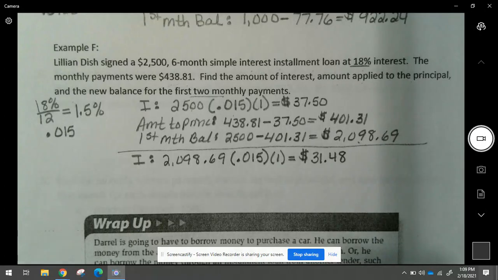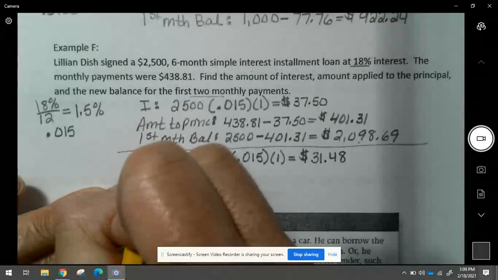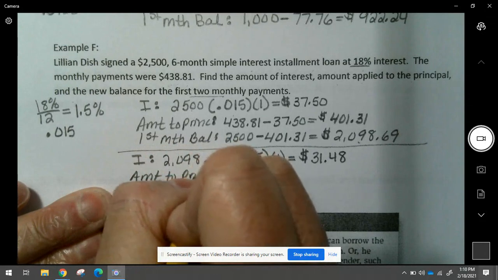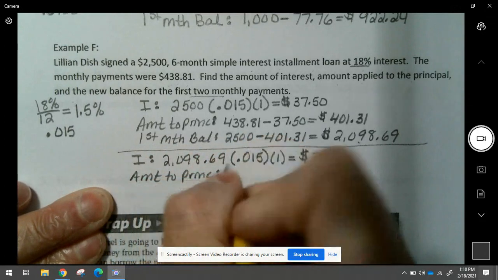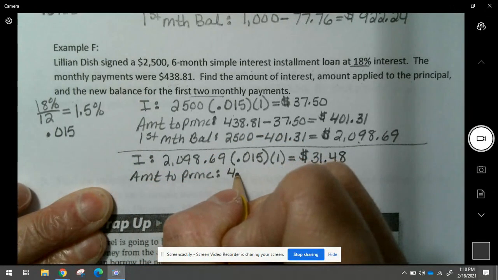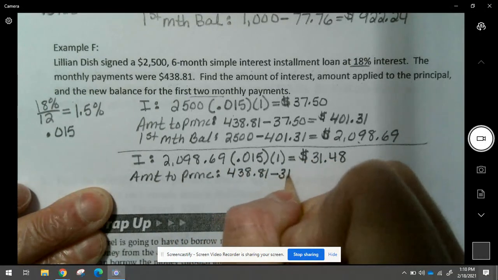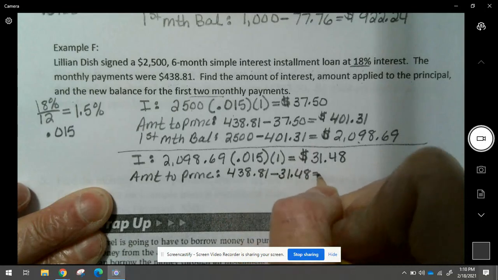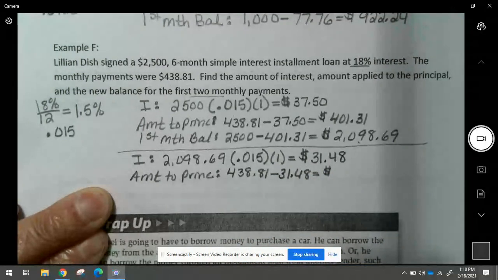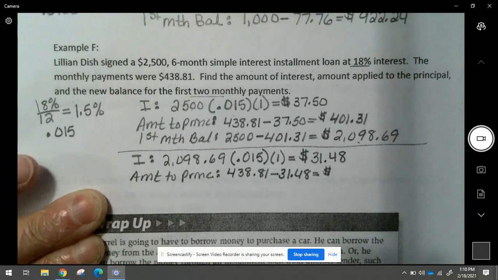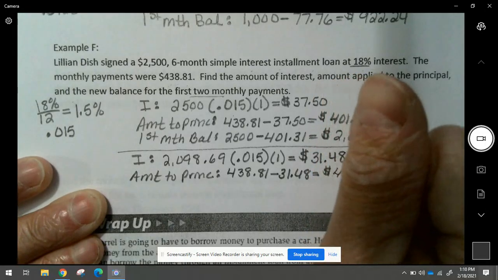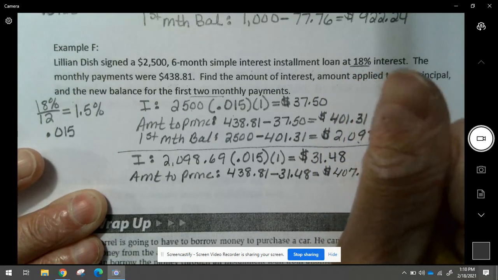That interest amount is going to come off of our payment. So our amount to principal, we're going to start with our payment again, $438.81 minus $31.48, and that's going to give us $407.33.